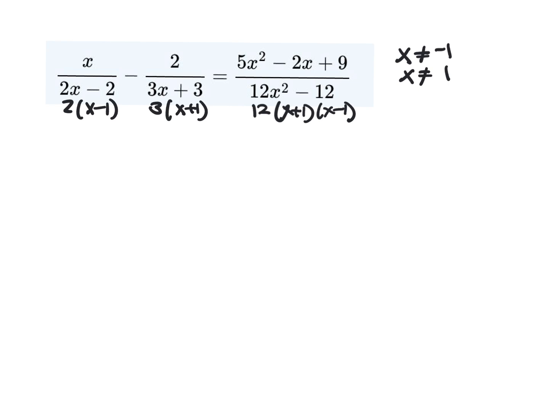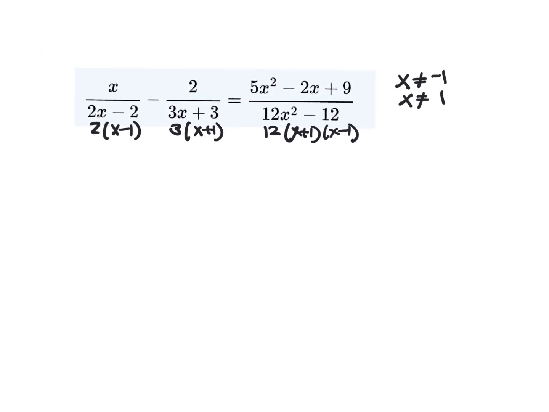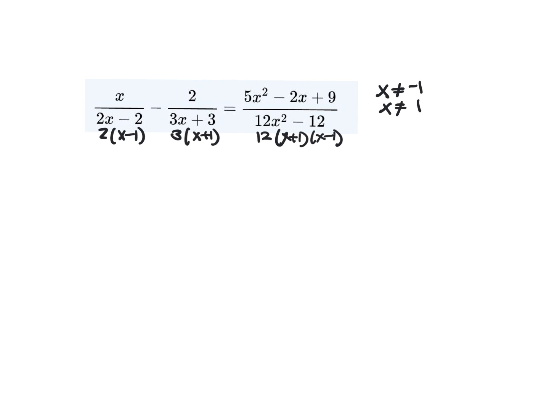And then as I go to determine what is my lowest common denominator, I can see that I am going to need, between a 2, 3, and a 12, I'm going to need to have a 12.